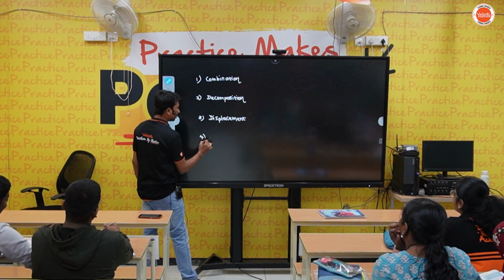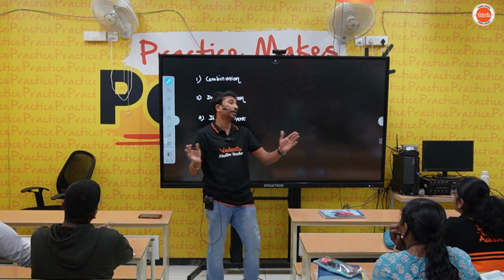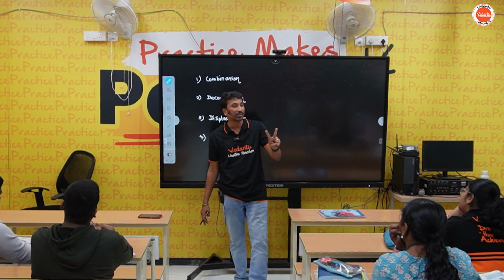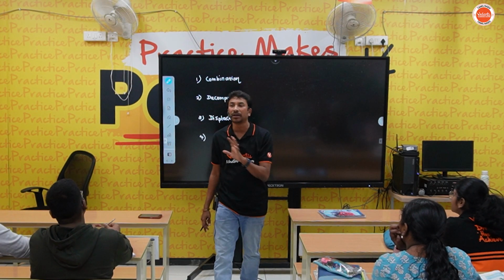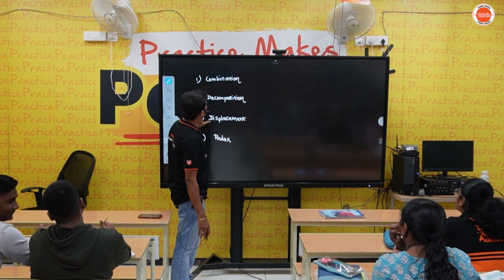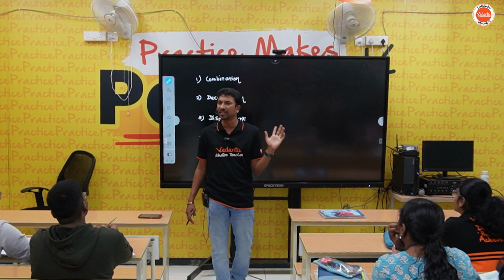Then redox reactions. In your grade 11 volume 2 chemistry there is a complete chapter only on redox reactions. Displacement, decomposition and combination are the reactions you will most commonly study.